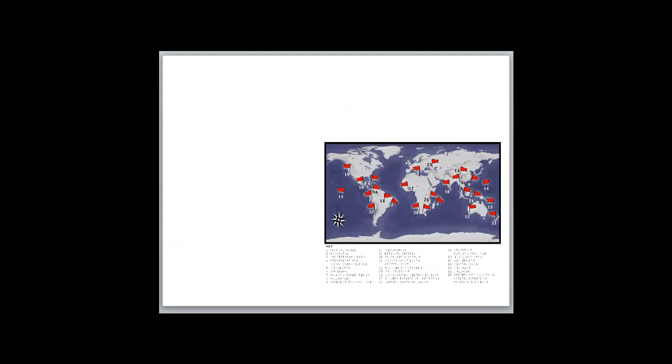Now, with these biodiversity hotspots, we have to look at the species being what we call endemic species. And these endemic species are species that live in a small area and nowhere else in the world.